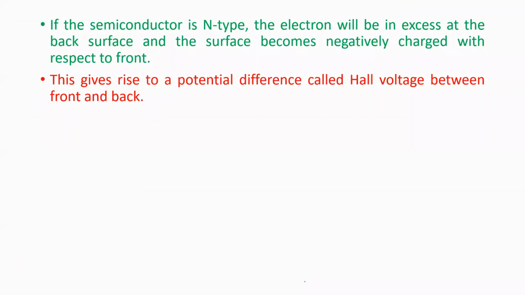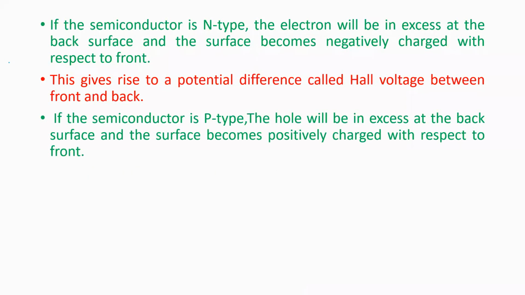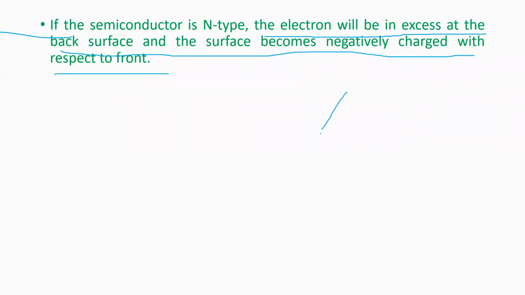That can be illustrated with the help of a diagram. If the semiconductor is n-type, the electrons will be in excess, and the back surface becomes negatively charged with respect to the front. Suppose this is the sample we are talking about.